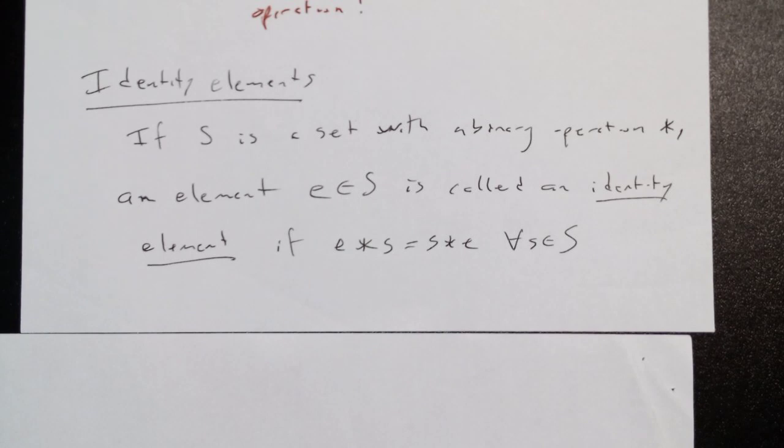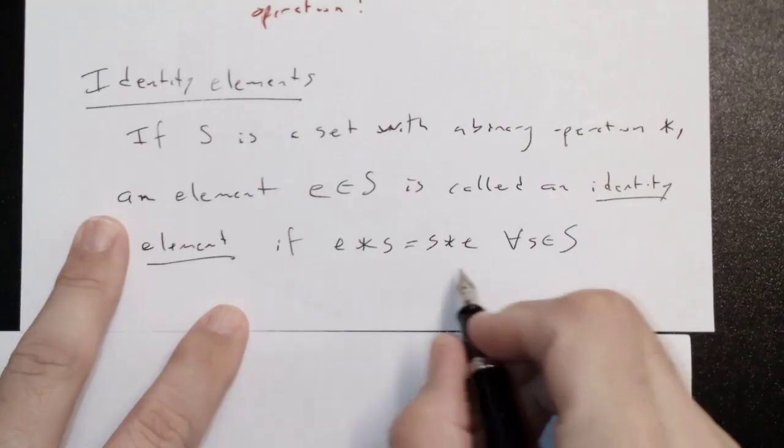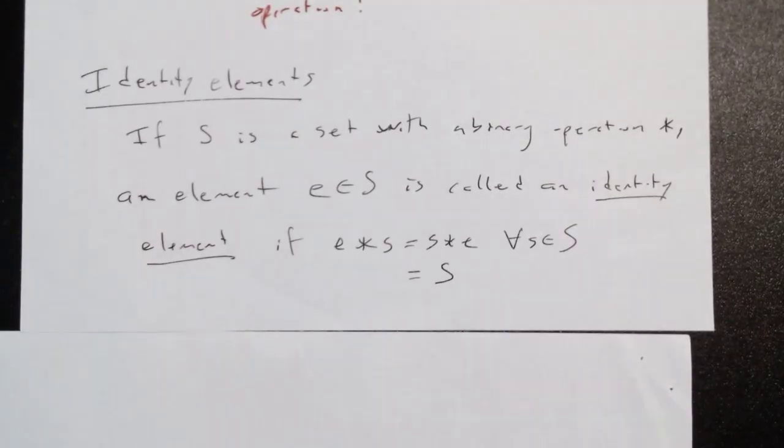What's something you add that doesn't change anything? 0. Pick any number, add 0, you get the same number back. It needs to equal the elements I started with.